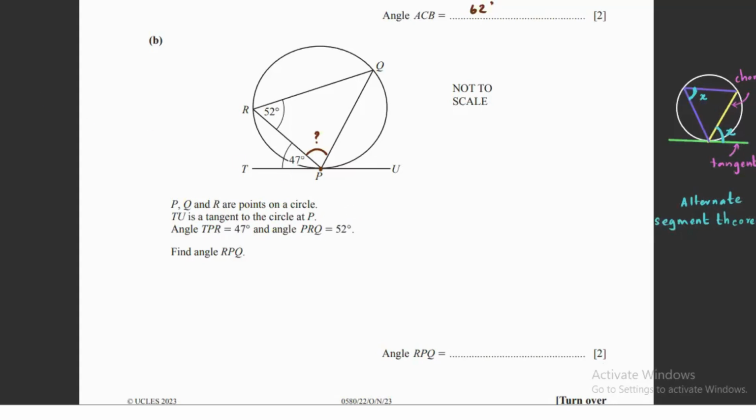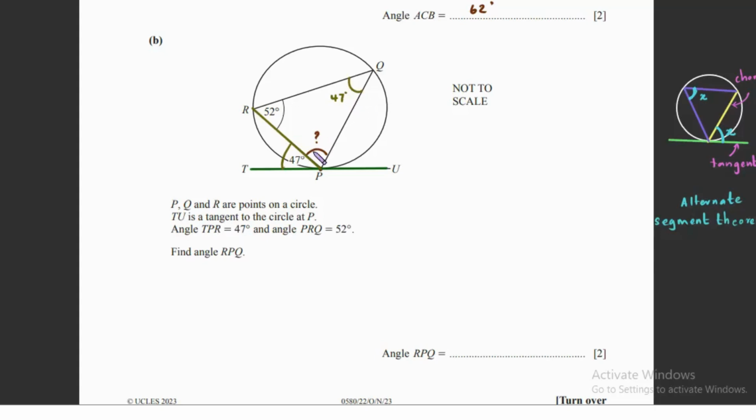The same way, I can consider this as the tangent and this as the chord. Using this chord, they have formed an angle here. So this angle and this angle will be equal, which means this will be 47 degrees. The reason why this is 47 degrees is because of the alternate segment theorem.